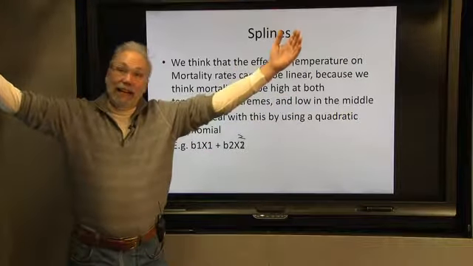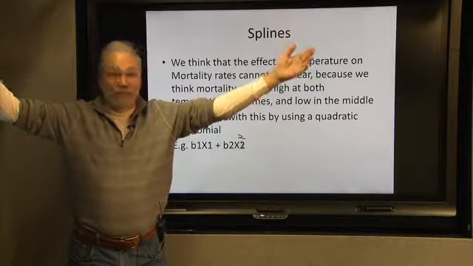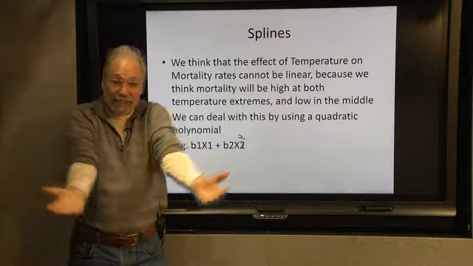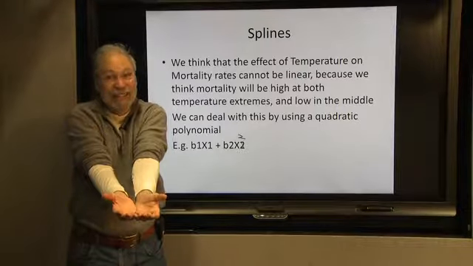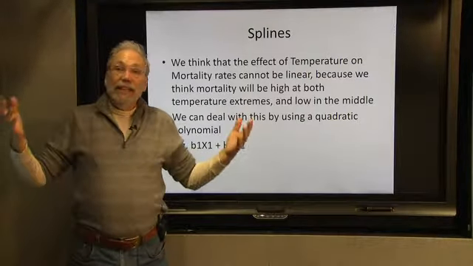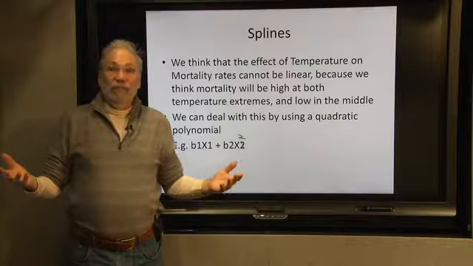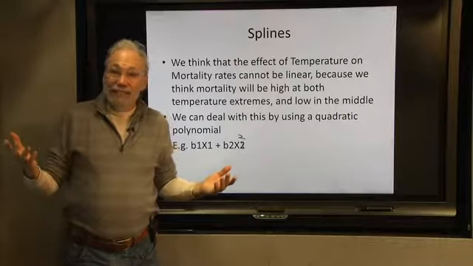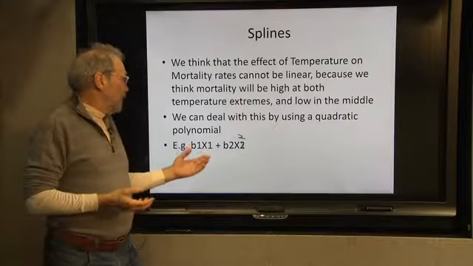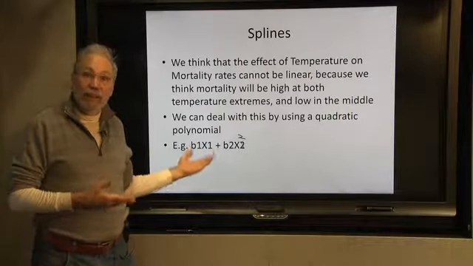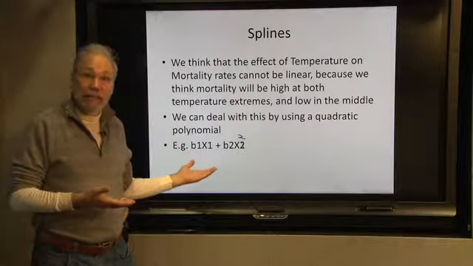It's going to be high for very cold or very hot days, and it's going to have some minimum on nice days. So we need a way to fit that curve. And obviously, it's not linear. But I said it was U-shaped, so one possibility is to use a quadratic polynomial.